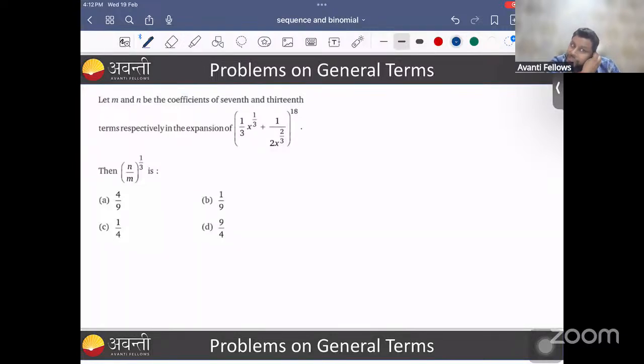Coefficients of the 7th and 13th terms. Just quickly try.